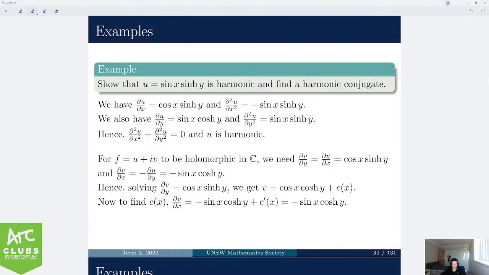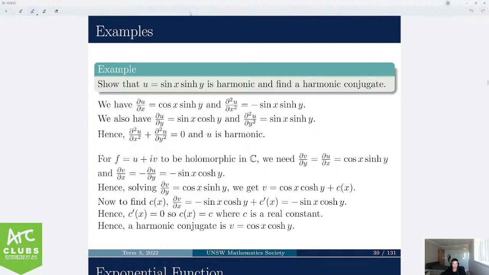To find c of x, we differentiate this function again, but with respect to x, and we equate it with our second Cauchy-Riemann equation over here. That's going to tell you that c dash of x is going to equal 0, and hence c of x is just a real constant.